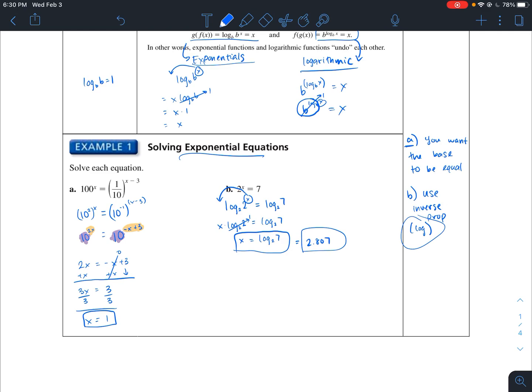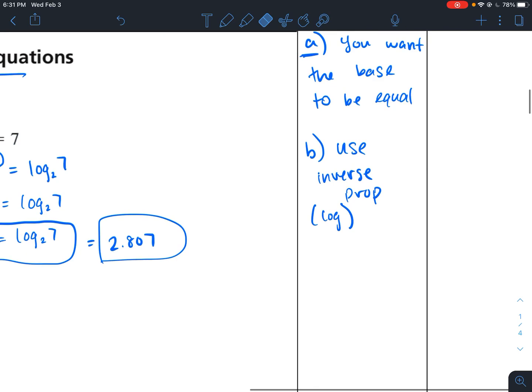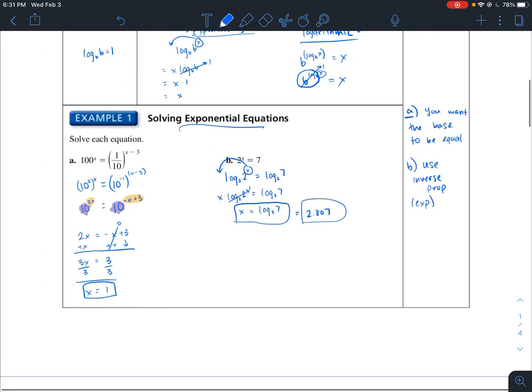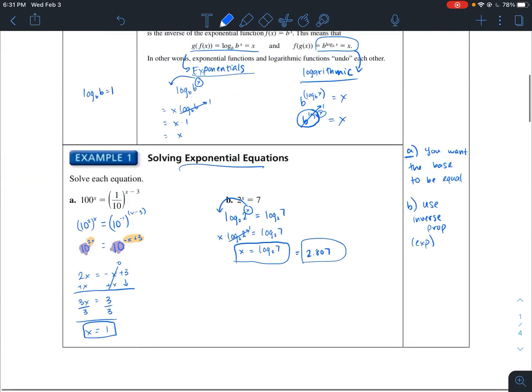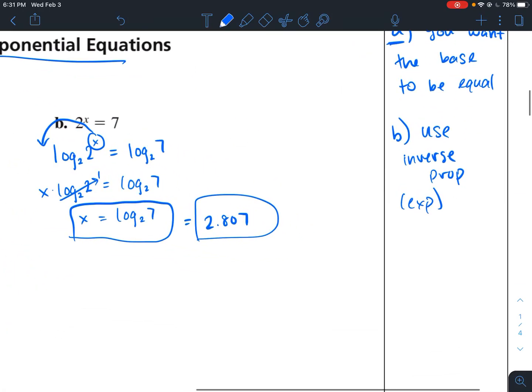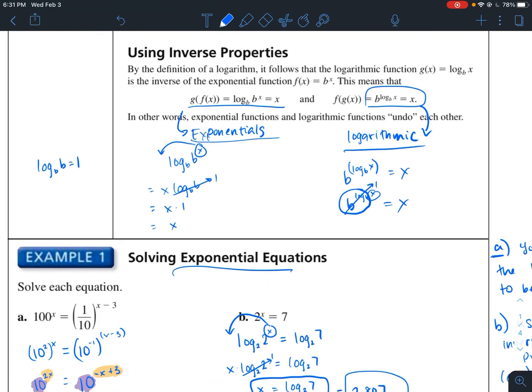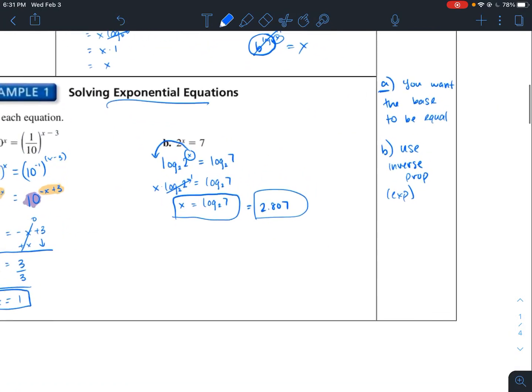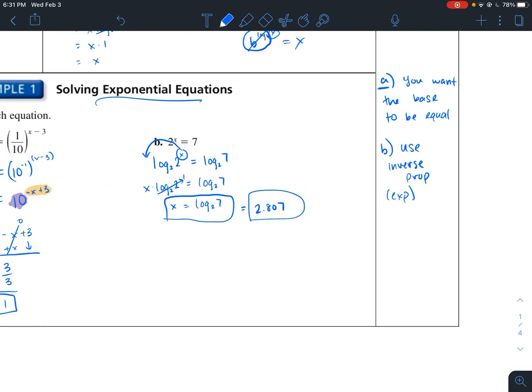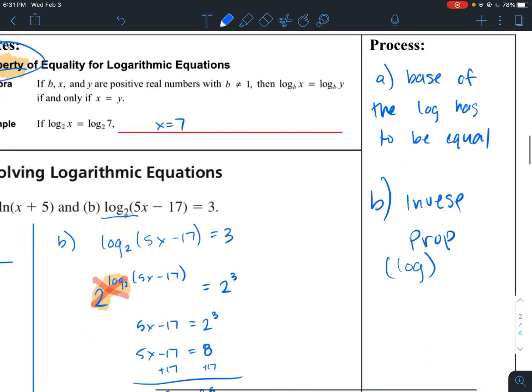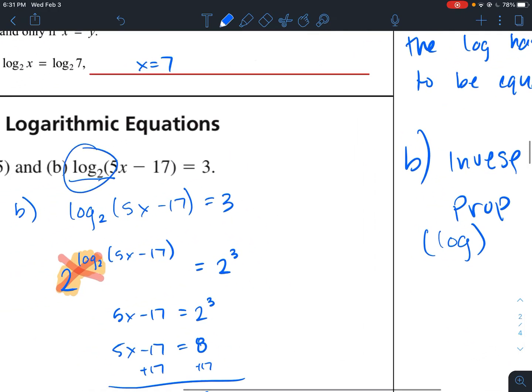I totally wrote this one wrong up here. This should be for exponentials. So use the inverse property for exponentials, and then down here it's for logarithms. Sorry about that. We use the inverse property of exponentials because we start out with an exponential, and here we use the inverse property of logs because we start with a log.